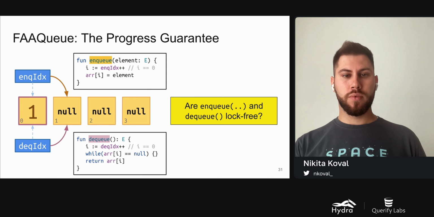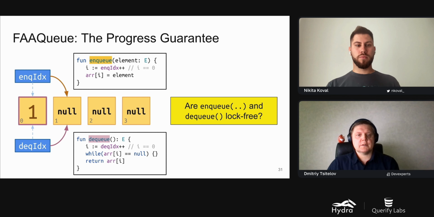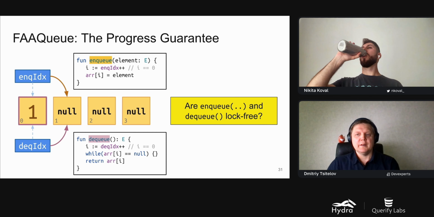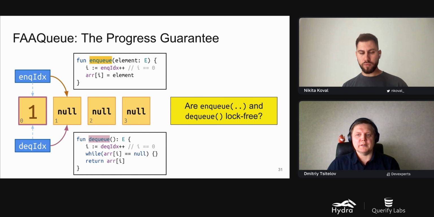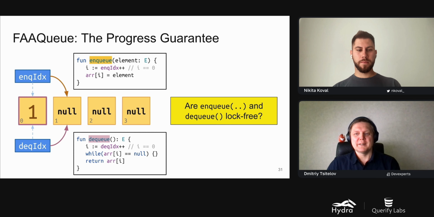Nikita, could you please stress, do you consider multiple writers and multiple readers for the moment, or one writer and one reader for the queue? Because if we have multiple consumers, multiple producers, you have much more questions about the correctness.